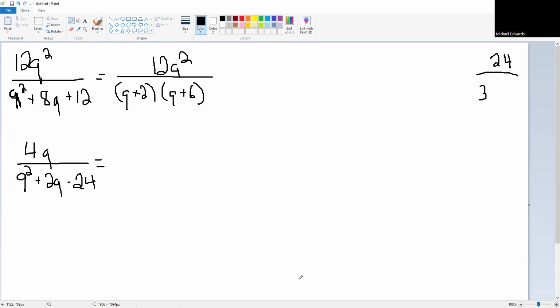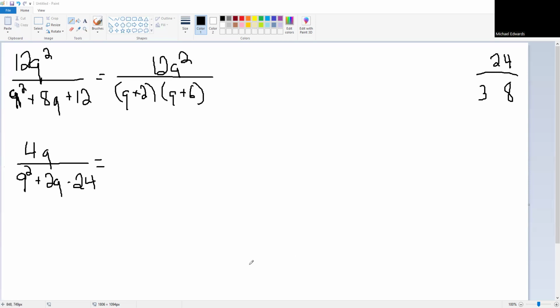What about 3? 3 goes into 24 eight times. But how do we get 2 out of that? 8 plus 3 is not going to work.